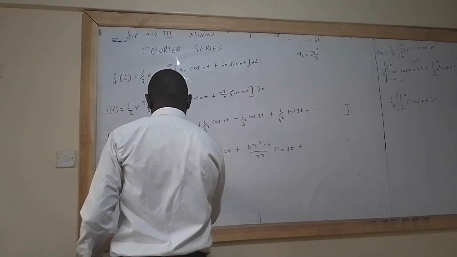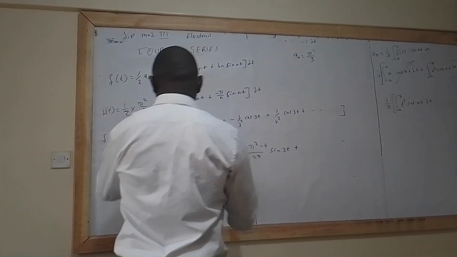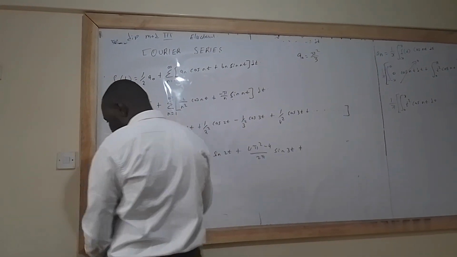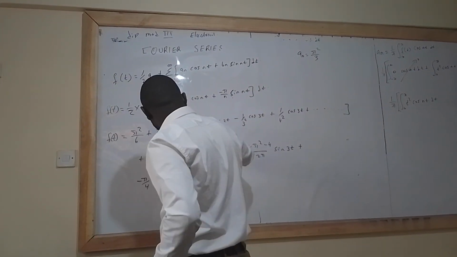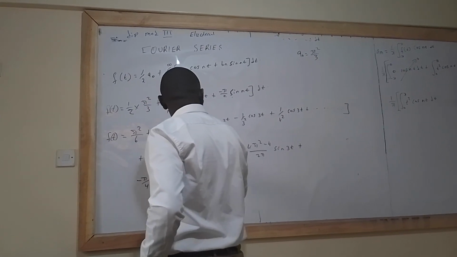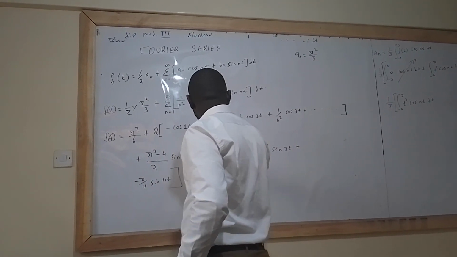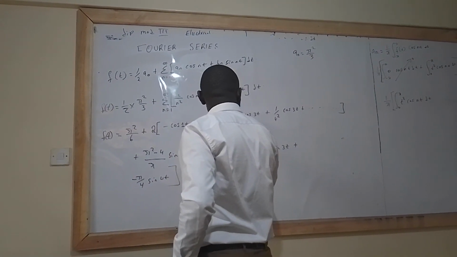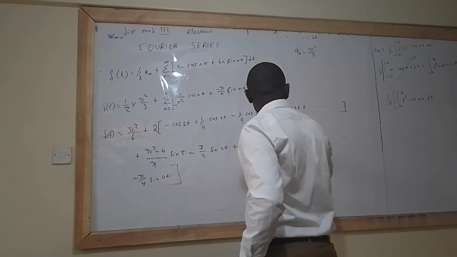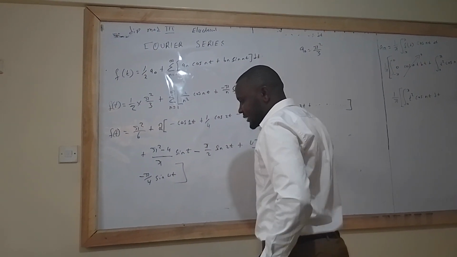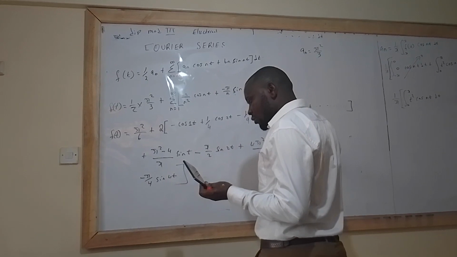So this one will be our answer. So you can decide to open the bracket this side for your work to be easy. So this one will be just 1. This one will be 1 over 4. This one will be 1 over 9. And this one will be 4 squared, that is 16. So this one will be 16.